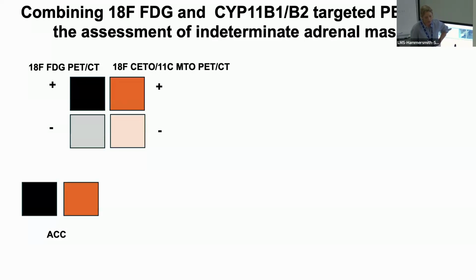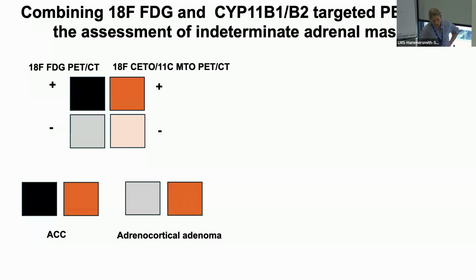For example, we'd expect an ACC to be metabolically active, so have high uptake on 18-fluorodeoxyglucose PET-CT, and also to have high uptake on either 18F-CETO or 11-C-metomidate. An adrenocortical adenoma, for example, a lipid-poor adenoma, would be expected most of the time to have low metabolic activity on fluorodeoxyglucose PET-CT and have high uptake on either 18F-CETO or 11-C-metomidate.